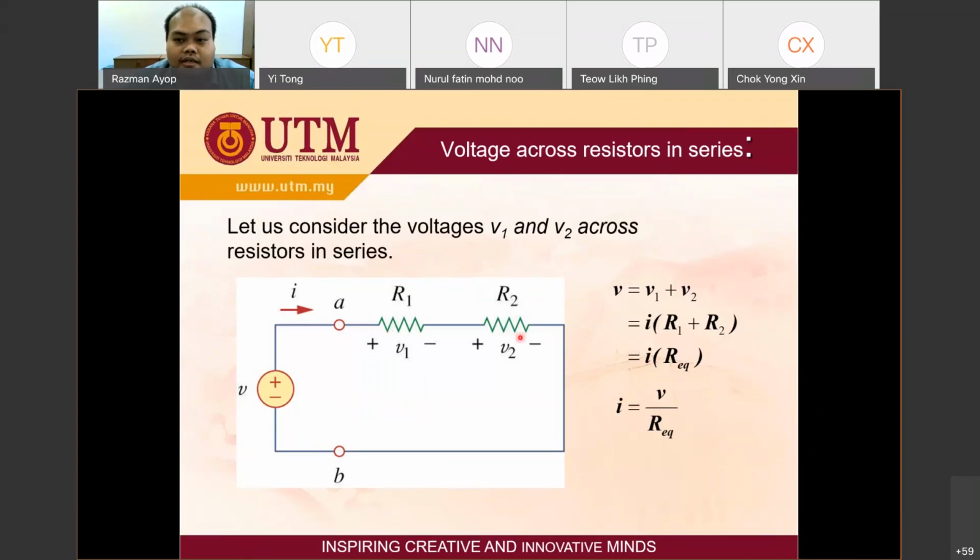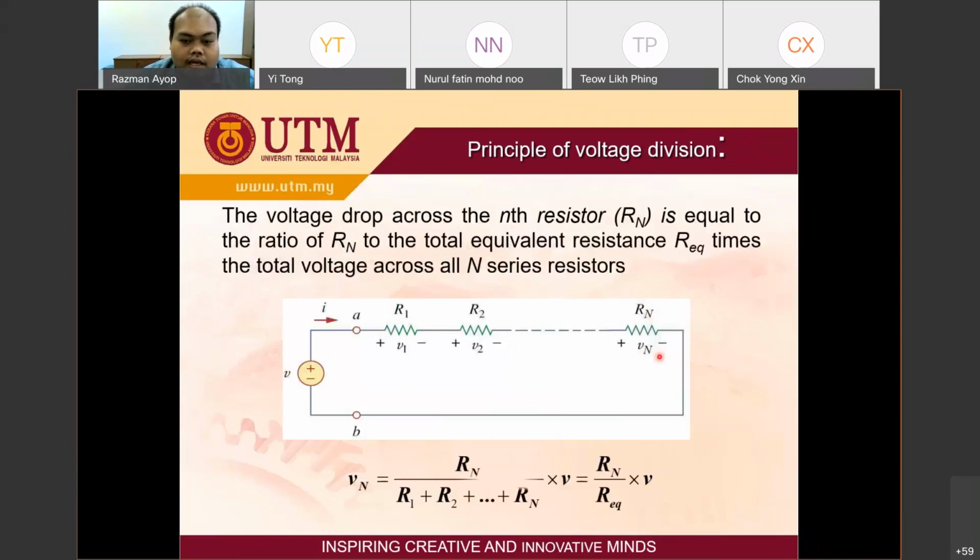As you can see here, all the currents are the same. And this is the formula. Vn, the voltage across the resistance Rn, equals the resistance Rn divided by the total resistance, multiplied by the voltage across the series. This is the general formula for voltage divider.